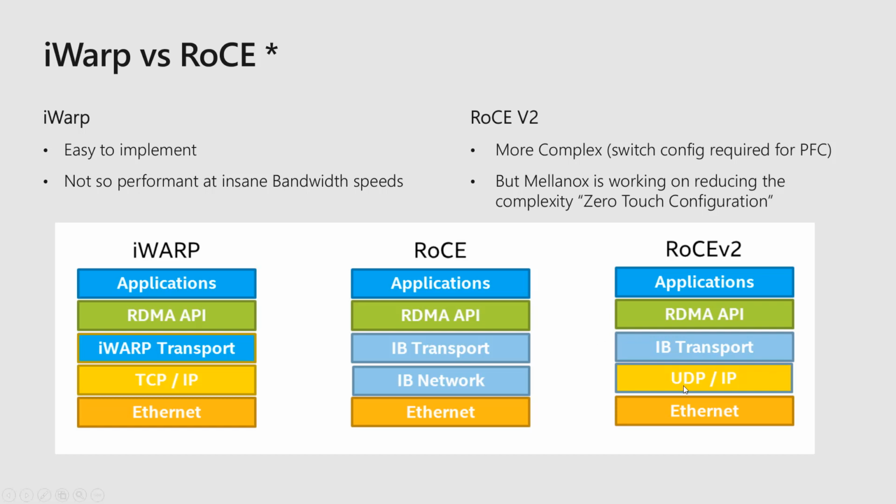But UDP is still not lossless, or we don't know if a UDP packet is going missing like we do with TCP. So why on earth did the RoCE consortium not choose TCP like iWARP does?